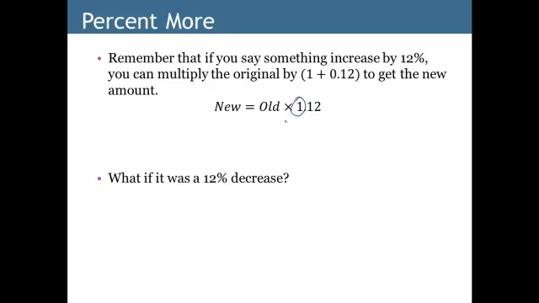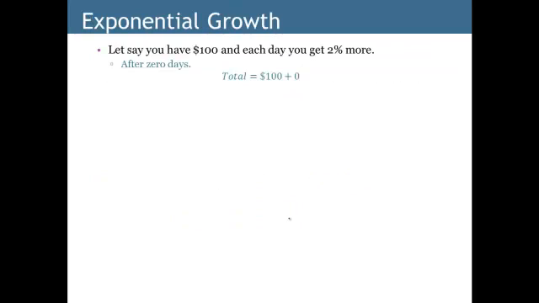Same thing if you want to have a decrease. Here's a 12% decrease. You're going to multiply by 1 minus 0.12 because it's a decrease. So the new amount would be equal to the old amount times, in this case, 0.88. All right, just a quick review. That's going to become vitally important, and we'll see on the next page.